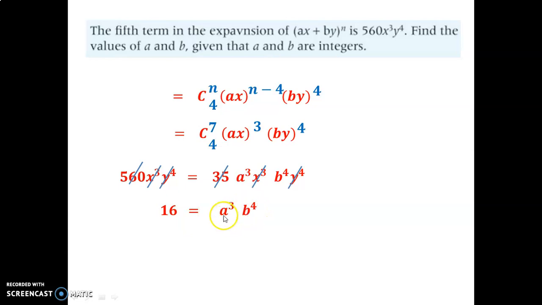So basically we've deduced that b must be 2, since 2 to the fourth equals 16, and therefore a must be 1, because we want only 16 there, so this already produces 16, so that must be 1 to the third power. And that's how we get a and b values.